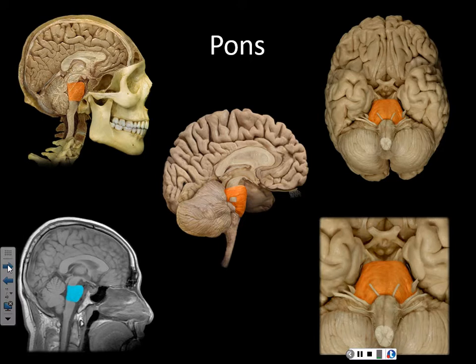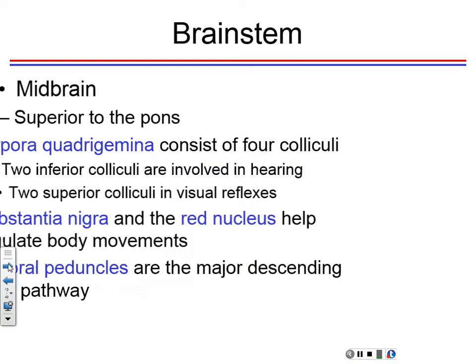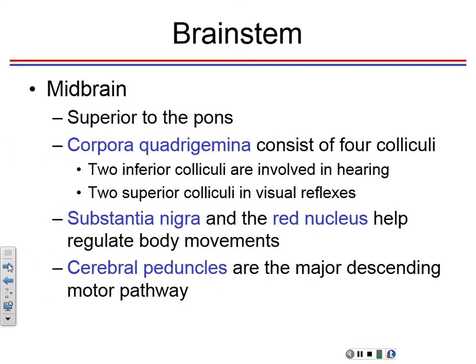So there's the medulla, there's the bridge, and there's the bulge. You can see it in an actual MRI. We're starting low and going up. So the brainstem again. The midbrain now connects to the upper parts of the brain, and it has four round nuclei, or groups of neurons.